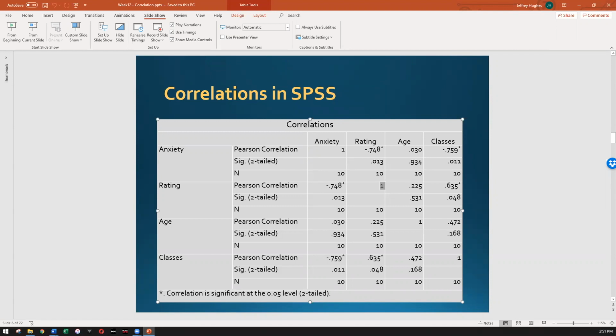And can someone tell me how Sarah knew that rating and classes are significantly correlated with anxiety? Because it's below 0.05. Yep, it's below 0.05, and we also know that there's an asterisk next to each correlation coefficient, so it's significant. Cool.